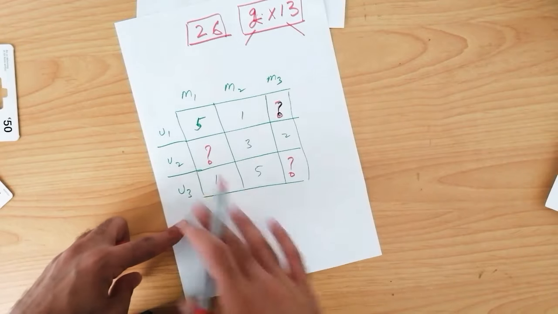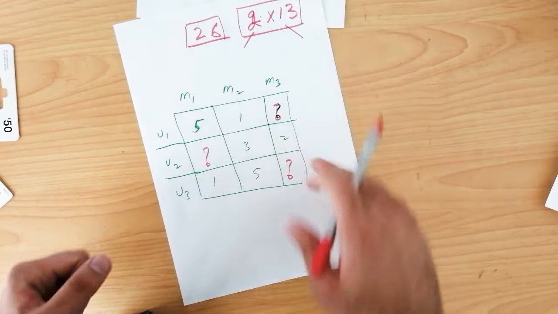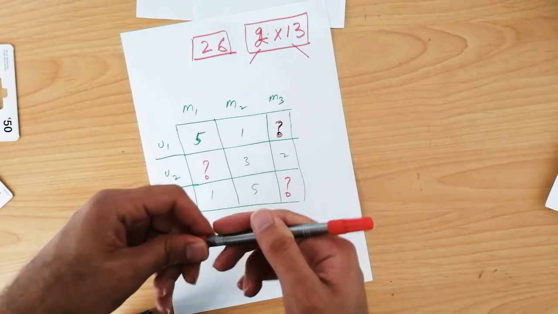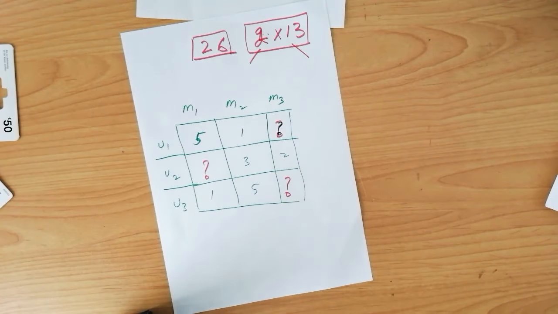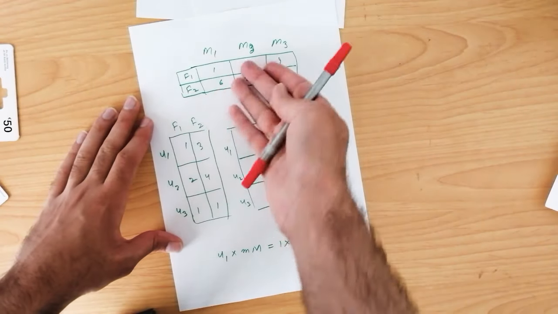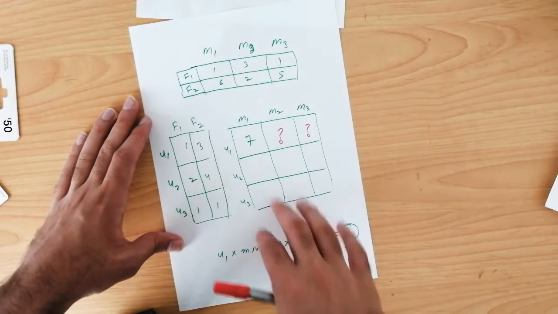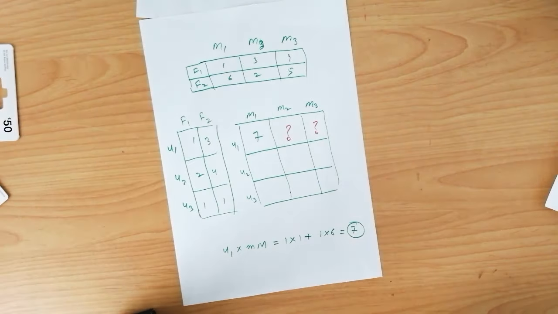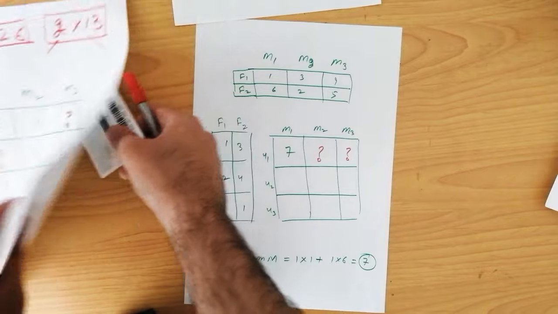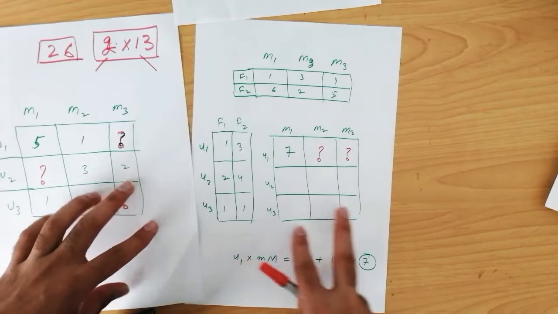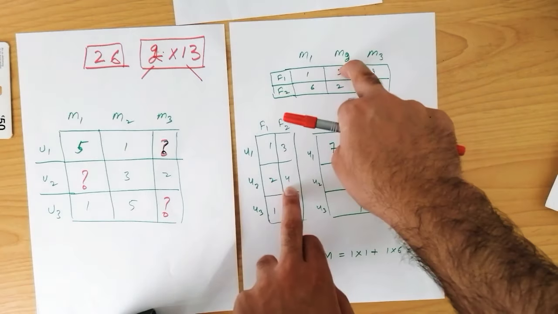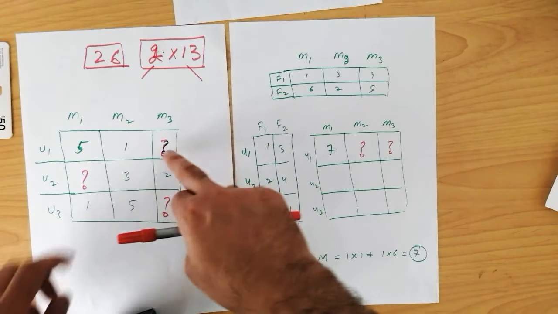This is my, for example, 26, and I want to know the 2 and 13. And if I'm lucky enough to get those matrices good enough, I will be able to predict the missing values, right? And this is really the core idea, right? So we have to factorize this matrix into 2 parts to predict the missing values.